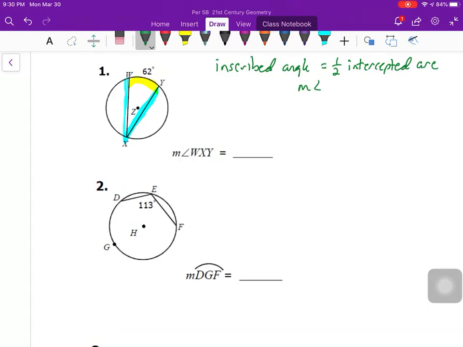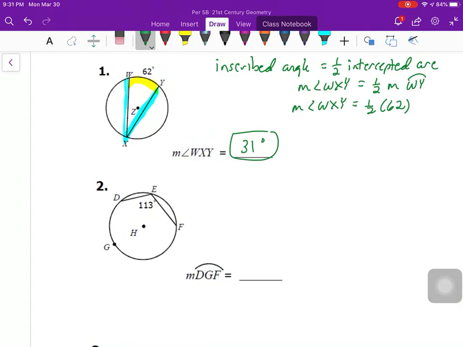That means the measure of angle WXY will be equal to half the measure of arc WY. So the measure of angle WXY will equal half of 62. So our answer would be 31.